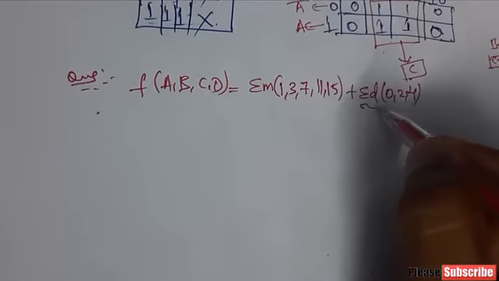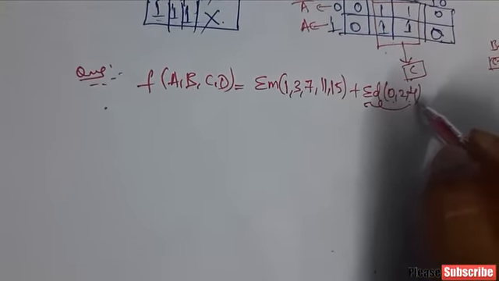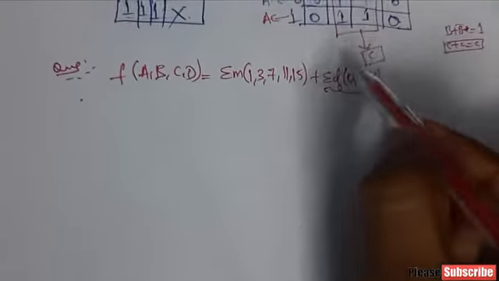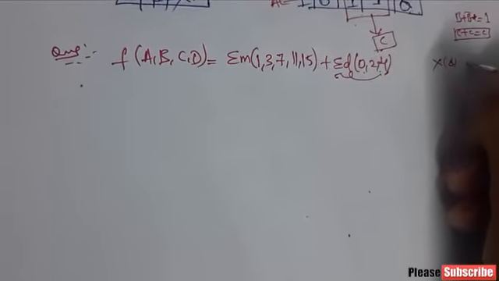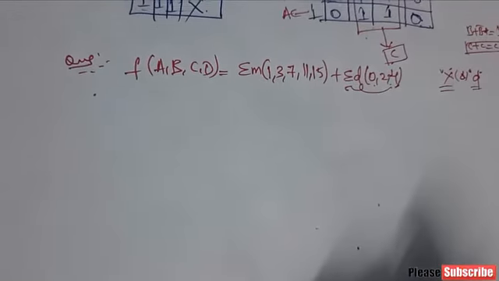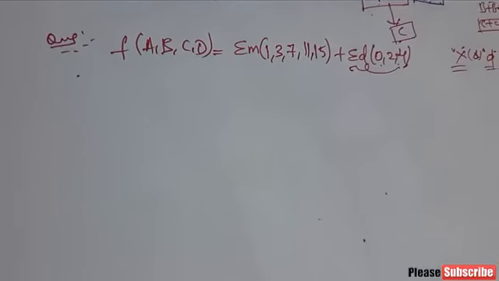This summation of D of 0, 2, 4 represents the don't care conditions. I have to tell you that don't care conditions can be represented by a cross, X, or D. Let's do the K-map for this.